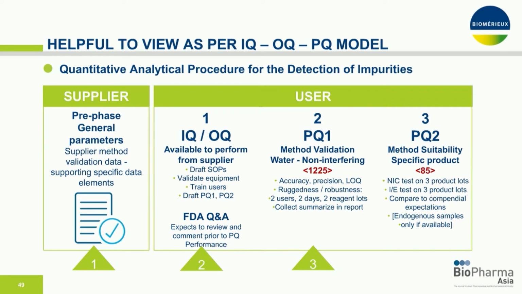So once the method validation is done, it won't have to be revisited. But what we go to is a product-specific validation, and this also is very analogous to BET because we would look at the non-interfering concentration test, and then we would perform the 3-lot validation. So most users are familiar with this methodology.